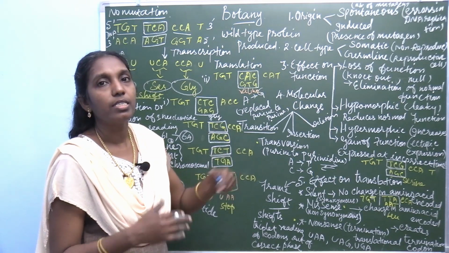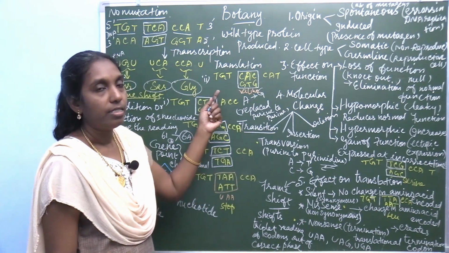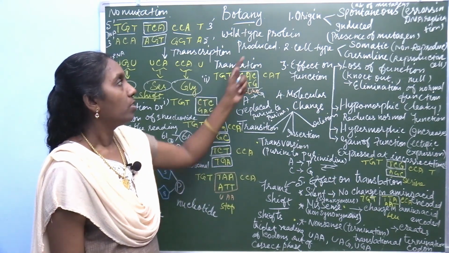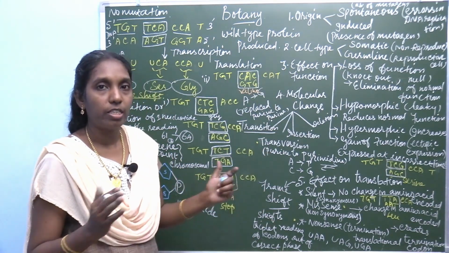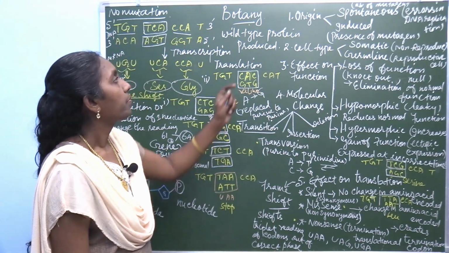What's the effect when it is translating the message? So due to these 5 different categories, the point mutation can be classified.